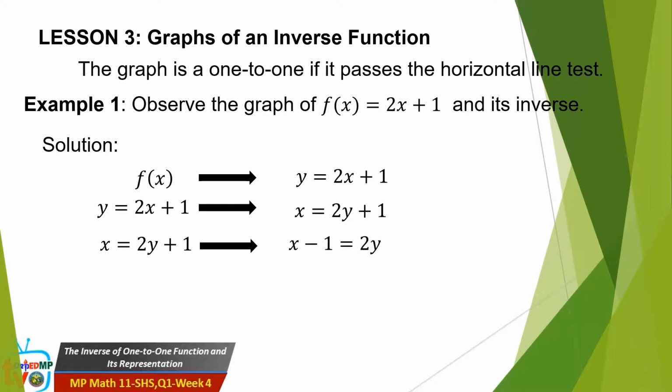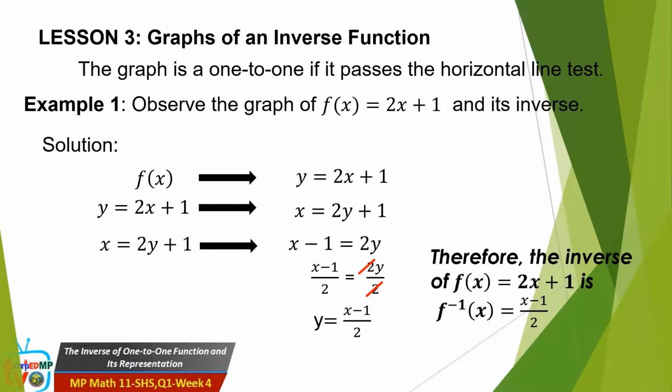Solve for y in terms of x by dividing both sides of the expression by 2. Then, eliminate 2. So y now is equal to x minus 1 over 2. Therefore, the inverse of function f of x, which is 2x plus 1, is x minus 1 over 2.